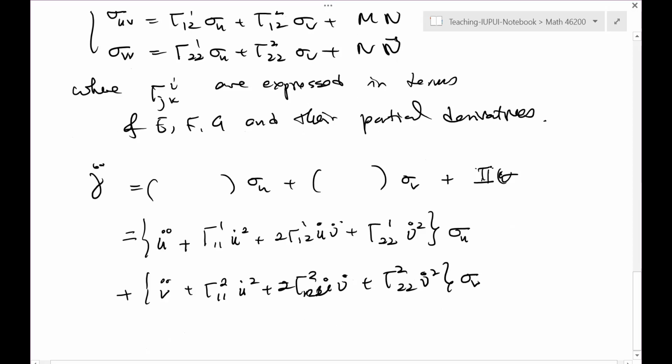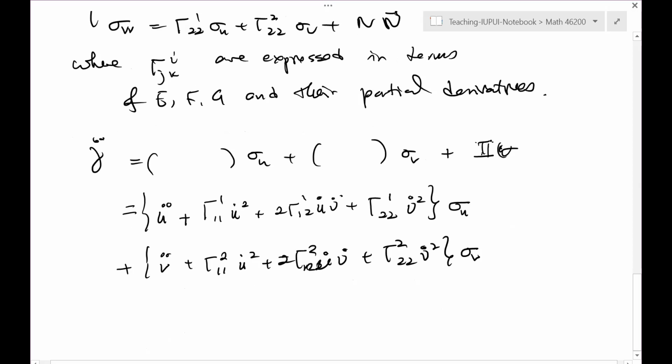All right. Then this is a linear part. Actually, it's on the tangent plane. Okay. Then I have this one. This is L u dot square, 2m u dot v dot, and n v dot square. Right. That's the second fundamental form. Okay.